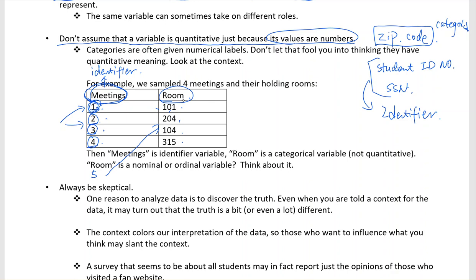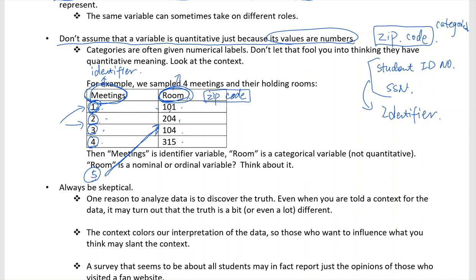So actually this room variable is kind of like the zip code. It just gives you the location of this meeting. If you have another meeting, it can belong to this room. So each room is a category. Got the idea? Alright, so room is not an identifier variable.